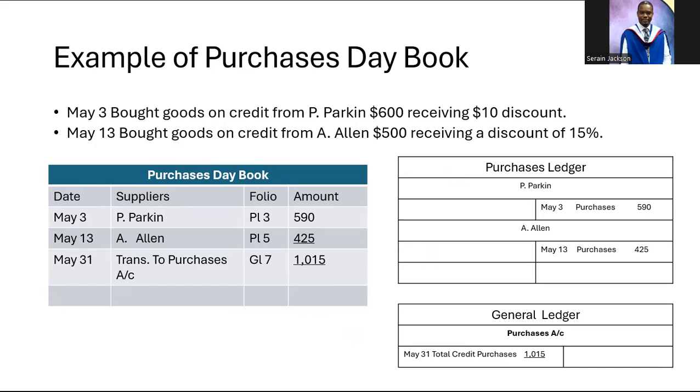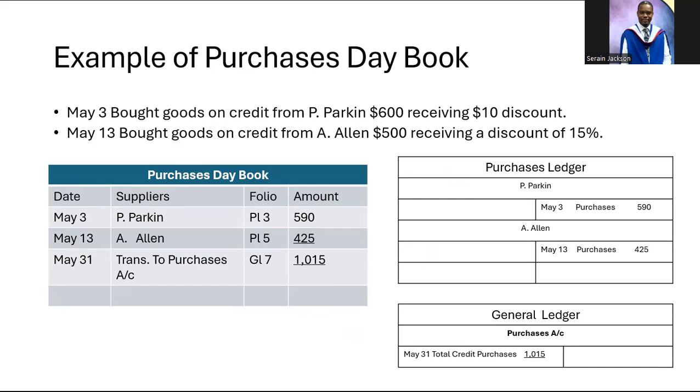You have to remember though, key points, when you're recording in the purchases journal, right? You do not record discounts in the purchases journal. That's one thing you need to remember. Also, that the purchases journal or the purchases daybook is linked to the purchases ledger, right? So you have to remember that. In the purchases ledger, you'll find your creditors accounts, right? And your creditors accounts are going to be credited because they are creditors accounts, right?